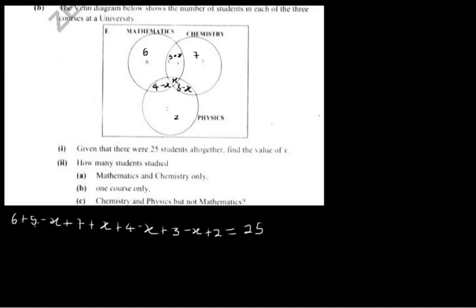We group the like terms. We will have 6 plus 5 gives us 11 minus 7 plus 4 plus 3 plus 2. Then we have the x's. We have minus x plus x minus x minus x. And this is all equal to 25, right? 11 minus 7 gives us 4. 4 plus 4 gives us 8. 8 plus 3 gives us 11.